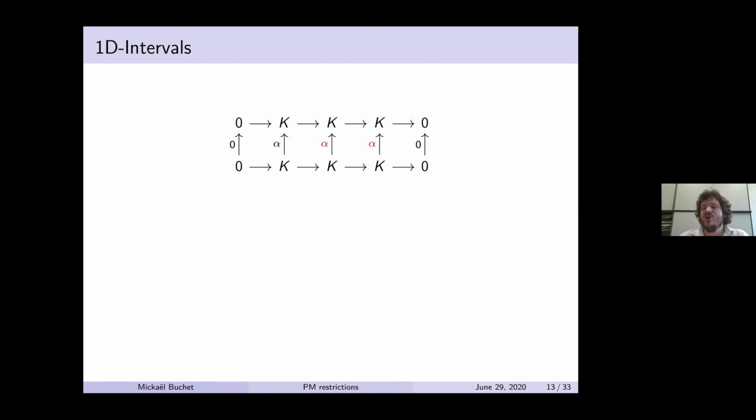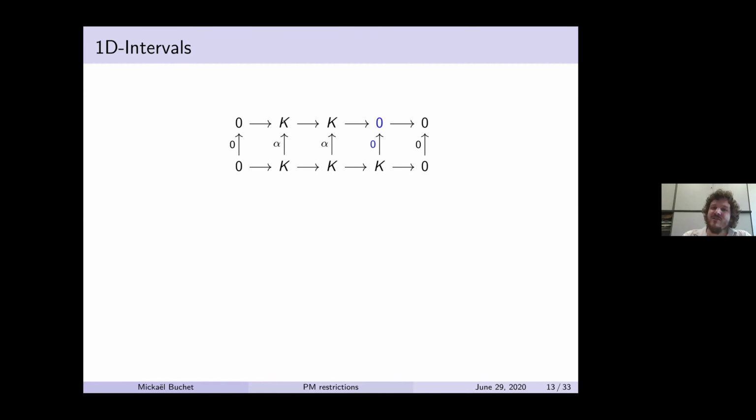Can I now look at morphisms between intervals? So let's not look at endomorphisms, but if I have one interval and another interval, can I build a map? Well, if I decide to replace this K by a 0, that implies that my map alpha now has to be 0. So I can replace it. I check that everything commutes. And yes, this is a map that is potentially non-zero if alpha is non-zero, that goes from this interval to another interval.